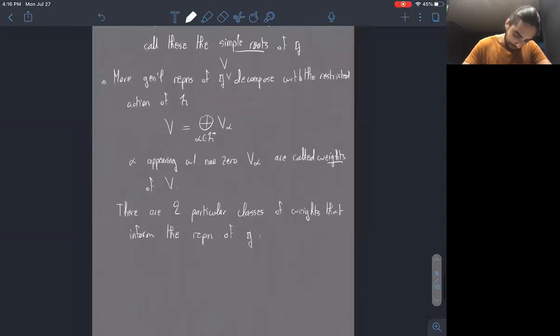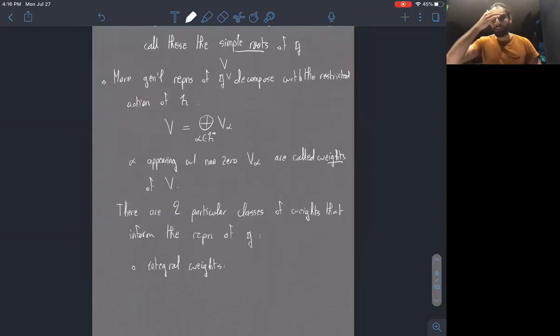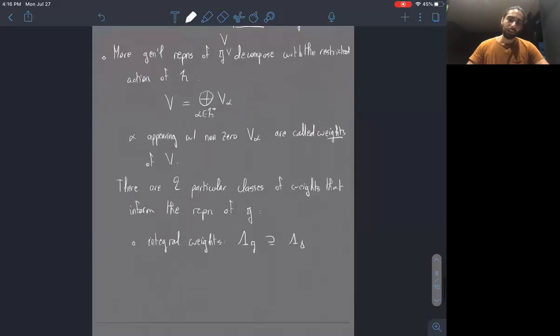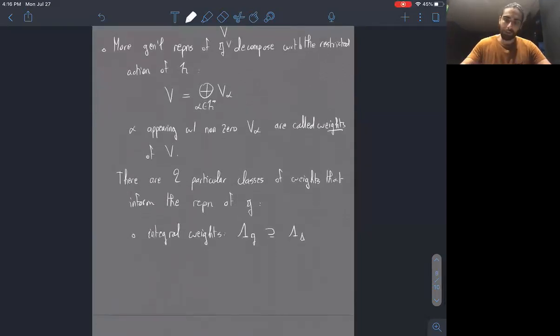On the one hand, we have the integral weights. These are an extension of what you get by naively taking the Z span of the roots. So these will be denoted by gamma sub G, and they will contain the root lattice, which we defined earlier. They're defined with respect to a pairing with simple roots. That says I will consider all of the possible weights which pair with each simple root to an integer.